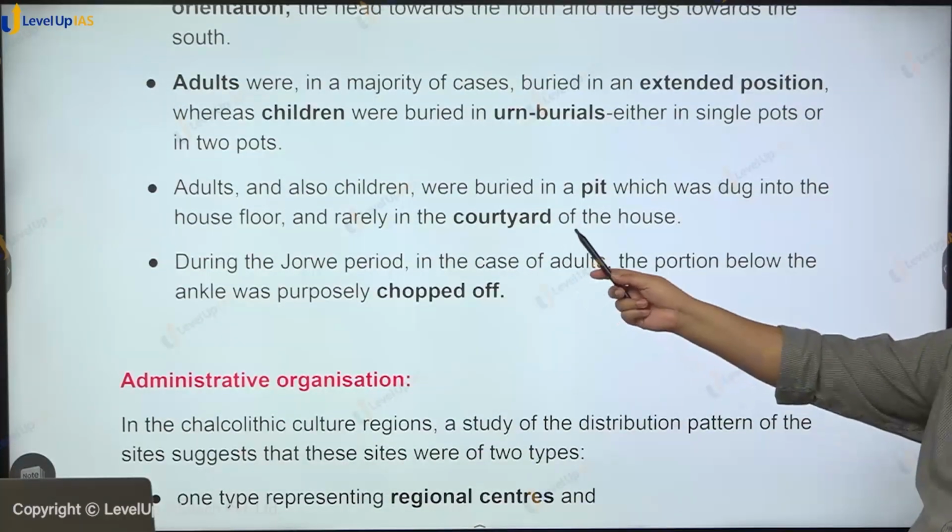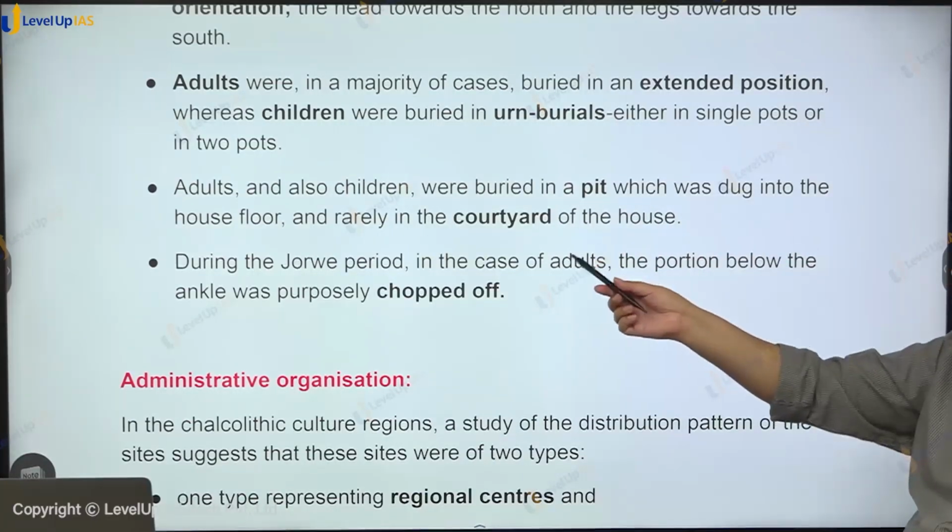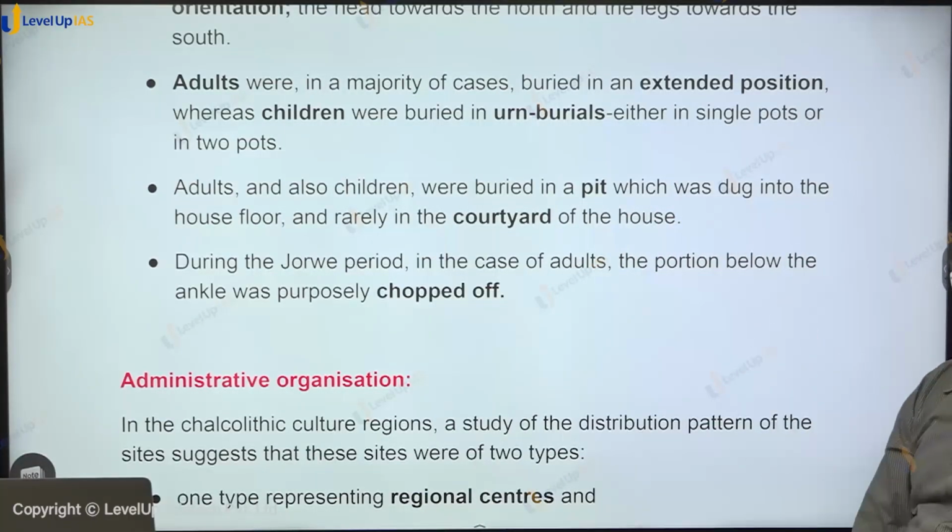Adults and also children were buried in a pit which was dug into the house floor and rarely in the courtyard of the house. So why do you think they were kept inside the house and not outside? Because now the idea that human beings had a soul or a spirit was becoming stronger and stronger.